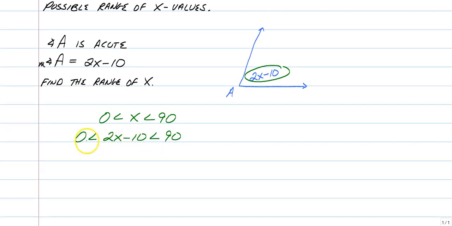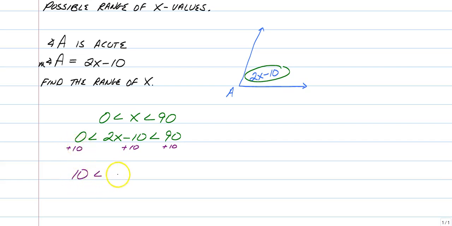So back in Algebra 1, when we have these two things, now there's something you can do. If you want, you could split this up, or you can solve it all right here. Now, if you want to solve it all right here, you have to first get rid of the 10. So you have to add 10 to both the right side and the left side of the inequality.